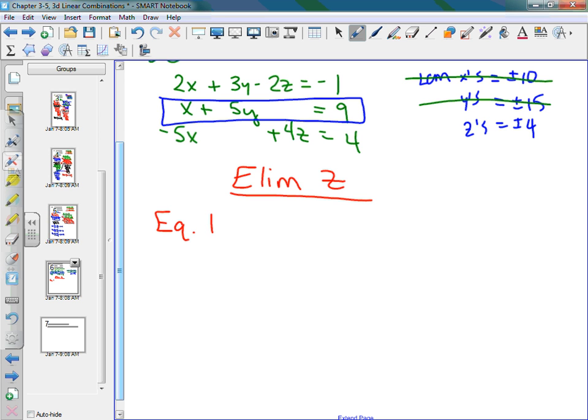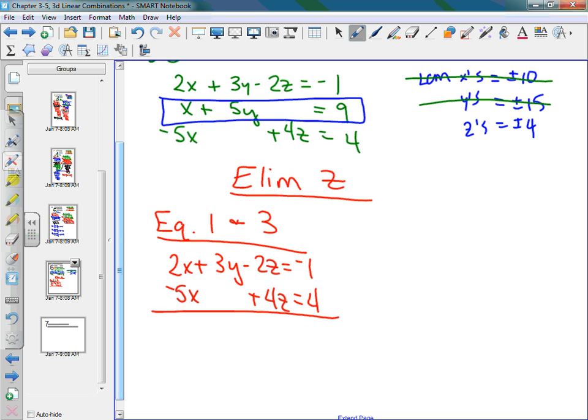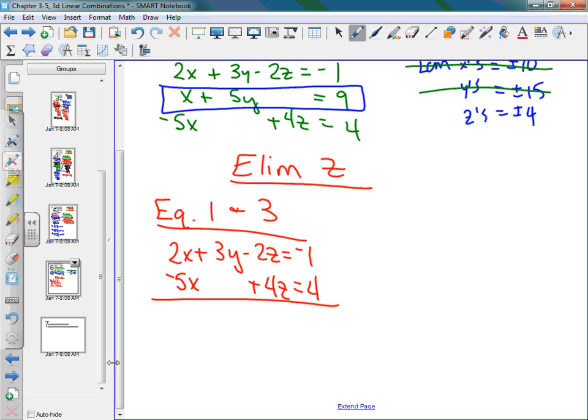So I'm going to choose equation 1 and 3, which is 2x plus 3y minus 2z is -1, and -5x plus 4z is equal to 4. And what am I eliminating? I'm eliminating z. So I need to look at my z's.